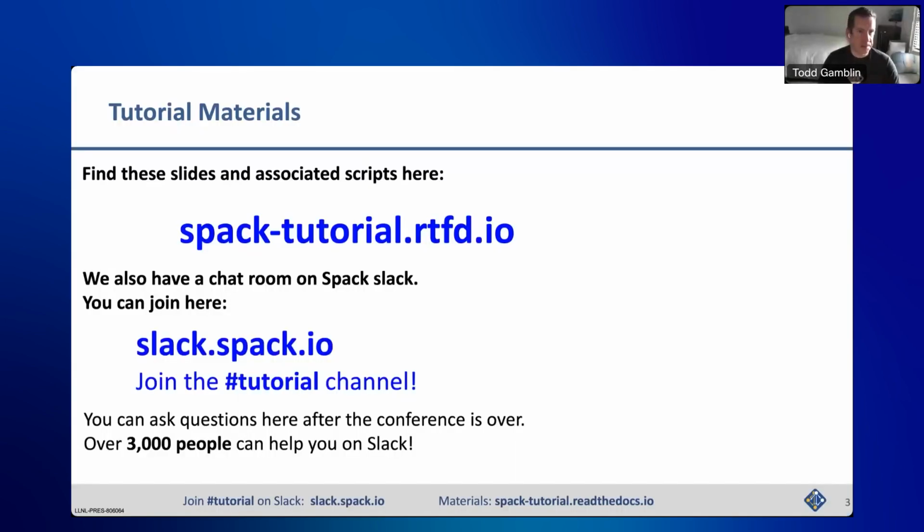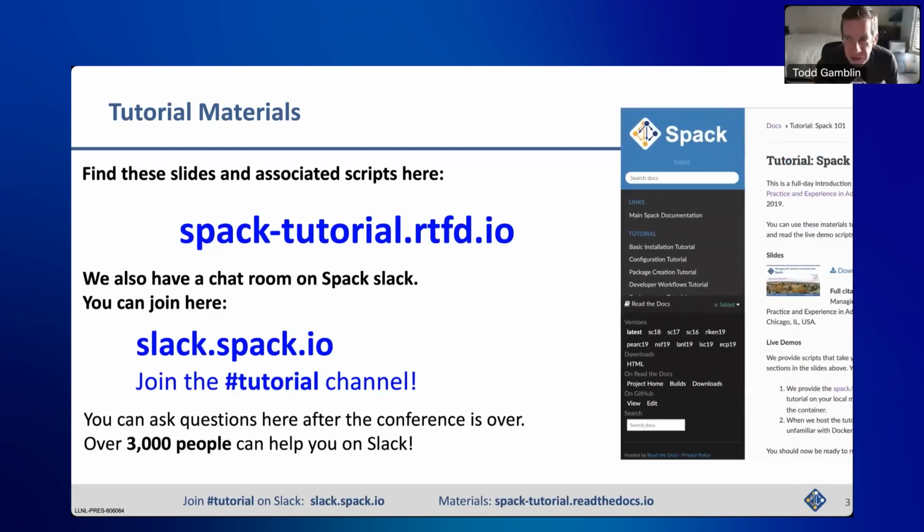All right. Like Greg said, all the tutorial materials are on spacktutorial.readthedocs.io or rtfd.io. The page that you should be looking at looks like this, and you should see slides are available there. Those are the ones I'm presenting now. All the different sections of the tutorial are there, and basically what we're going to do is follow along with scripts for each section that we're going to do today.